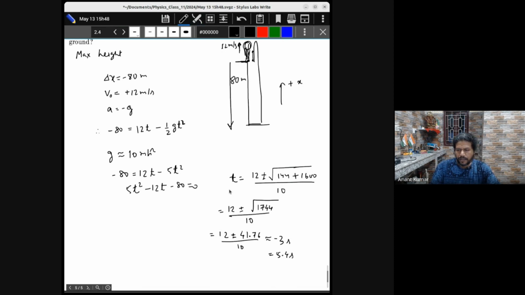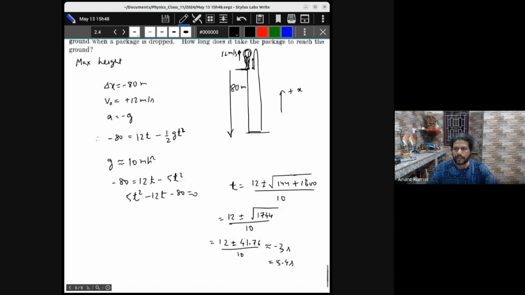लेकिन यहाँ पे एक काम करते हैं, सपोज करते हैं कि ये जो ऑब्जेक्ट है इसको हम ऊपर थ्रो करने के बजाय अगर 12 मीटर पर सेकंड से नीचे थ्रो करते तो कितने समय में ग्राउंड पे पहुंचते?